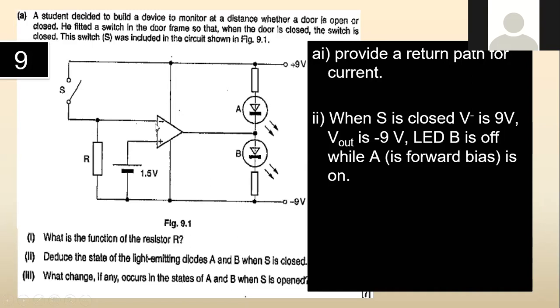So it's going to be less than 1.5. Okay, so it means that the positive terminal is now greater than the negative terminal input. So the output straight away goes to 9 volt. This is 9 volt here. This is reverse bias. This is minus 9 volt, this is forward bias. So this is the one that's conducting.